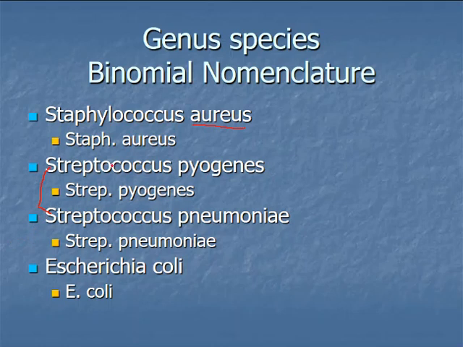And so we've got Streptococcus pyogenes, and we've got Streptococcus pneumoniae. So they're both Streptococcus, that's their last name, not family, but the genus Streptococcus. And then their first name, pyogenes and pneumoniae.